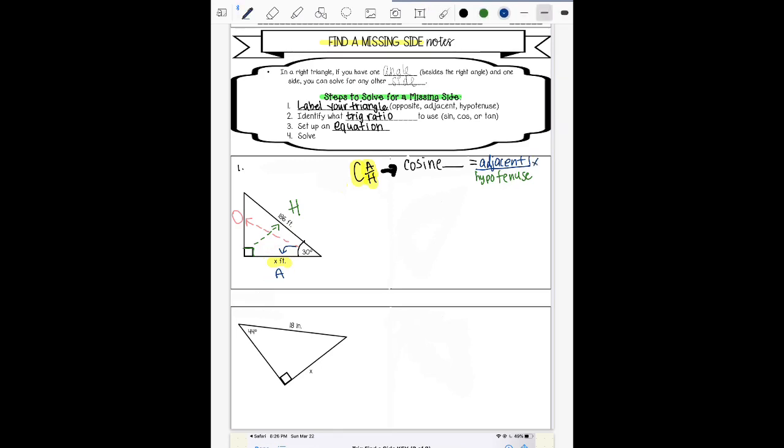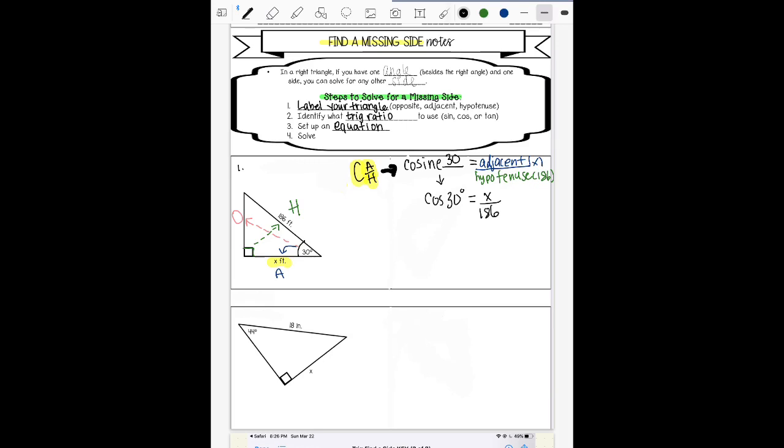I'm going to put it here, it's x. And the hypotenuse is 186 feet. On the triangle, we're given this is 30 degrees. So I'm going to rewrite all of this below. Instead of writing cosine of 30, I'm just going to put cos. The adjacent we said was x, and the hypotenuse is 186.